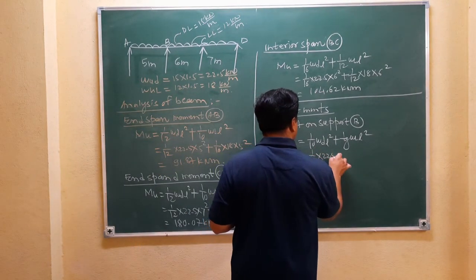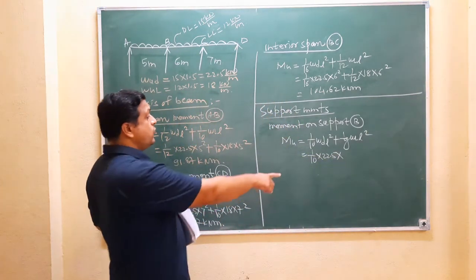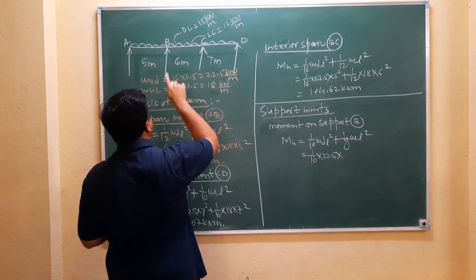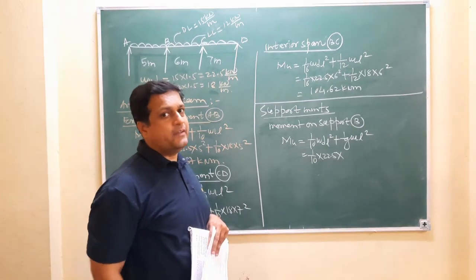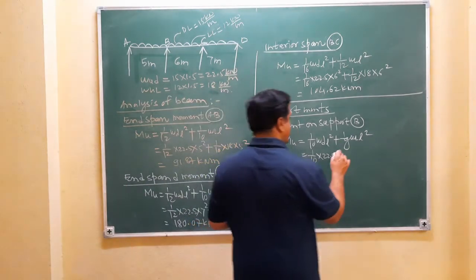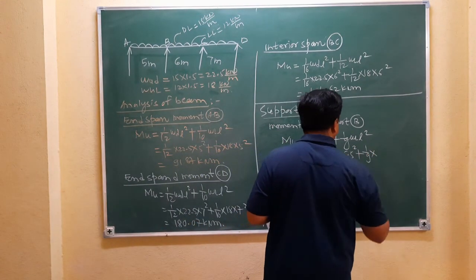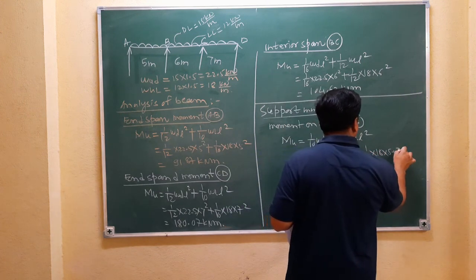Dead load is 22.5. Now you have to put the average value here. So 5 and 6 is nothing but 11, half of 11 is 5.5. So 5.5 is the average value. So put here 5.5 square plus 1 by 9, live load is 18 and 5.5 square.